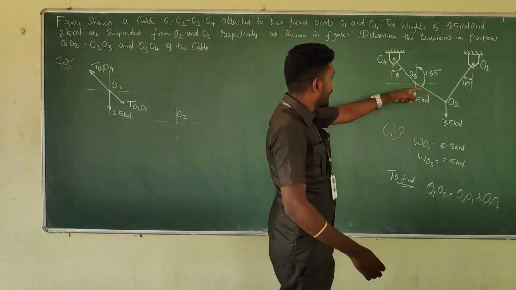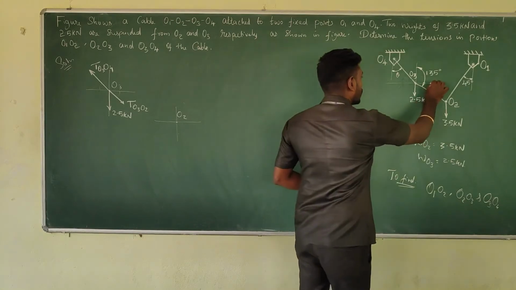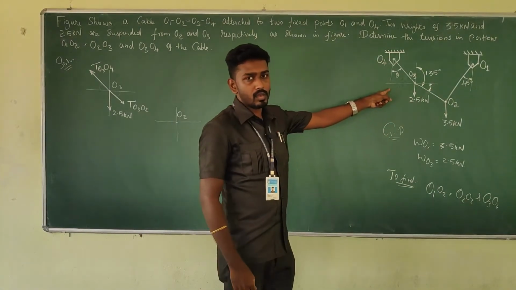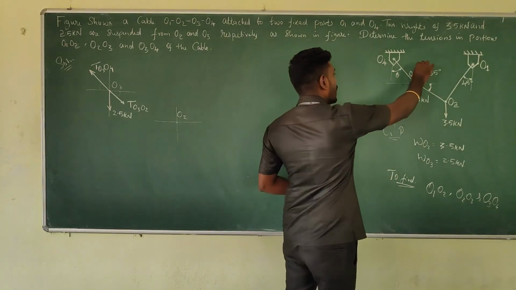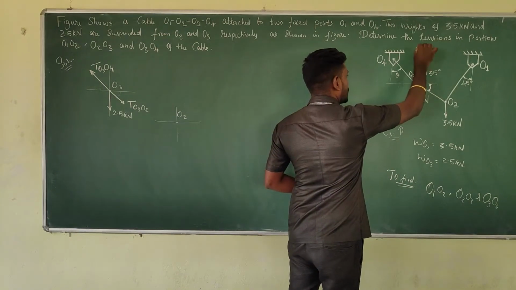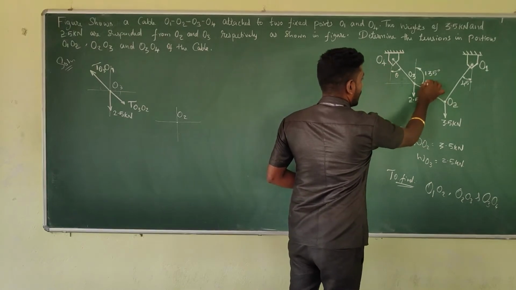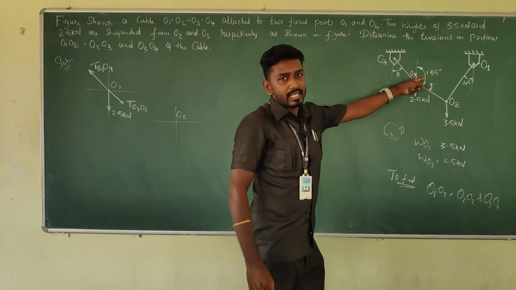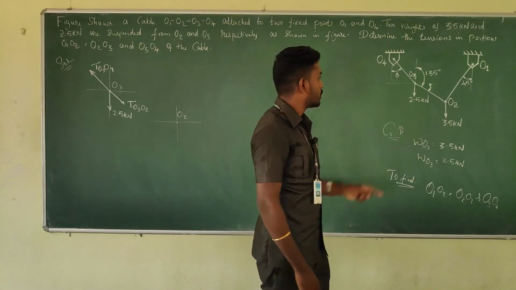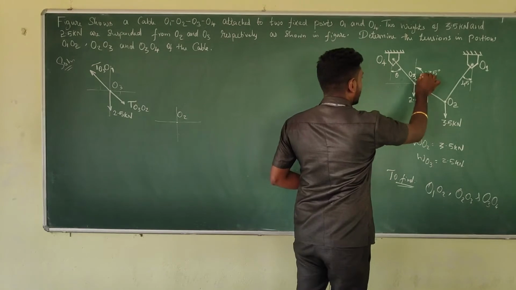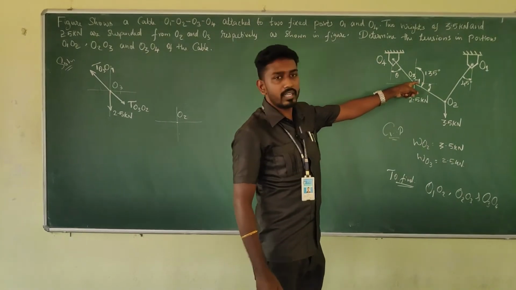If I want to get this angle, how will you find it? In our question, it is mentioned from the vertical axis to this cable, which is given as 135. Am I right? If I draw the cross lines, this quadrant is 90 degree.